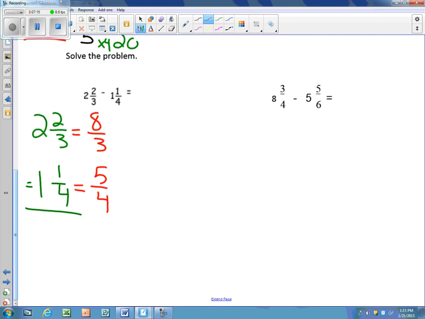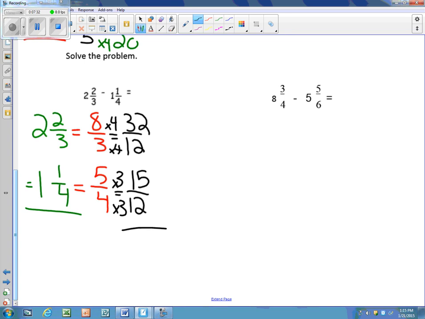When I look at these two numbers, I see that the new denominator I'd like to use is 12. 3 times 4 is 12, so 8 times 4 is 32. 4 times 3 is 12, so 5 times 3 is 15. And when I subtract these two numbers, I get 17 12ths, which still leaves me as an improper fraction, so I end up with 1 and 5 12ths.